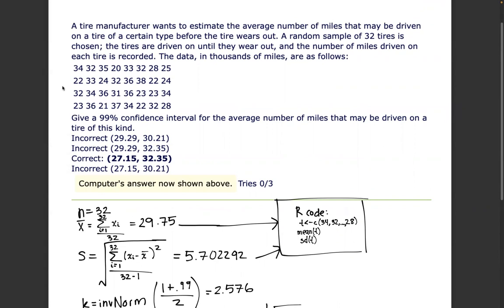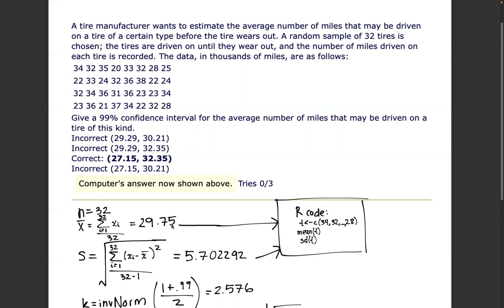Our sample size is 32, which is given here, or you can count the numbers. Our X bar is going to be, you add all these numbers together and divide by 32, which is 29.75.